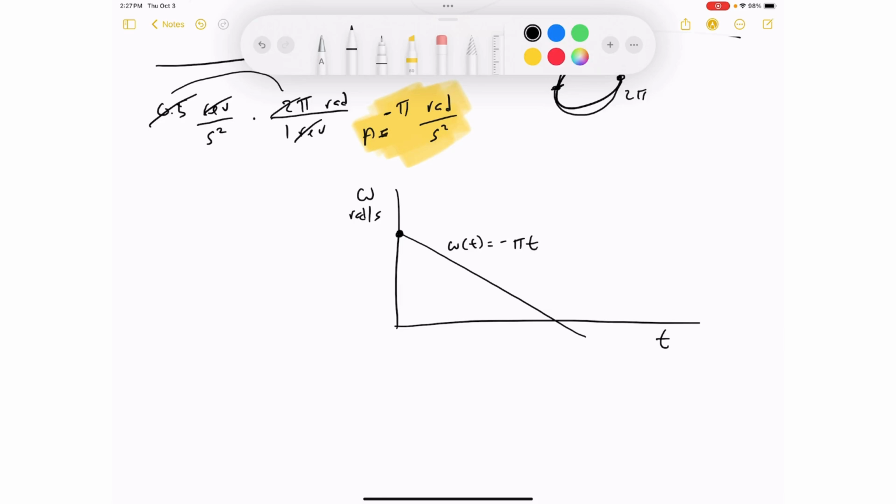If time is 0 seconds, 0 times pi, of course, is 0. If it's 1 second, 1 times pi is just 3.14. Negative, so I'll have negative 3.14. If it's 2 seconds, 2 times pi, roughly negative 6, etc. So if you pass in a t, it'll tell you what the speed is. Okay? You give me a t, I'll tell you what the speed is.